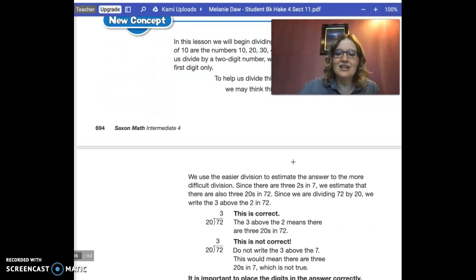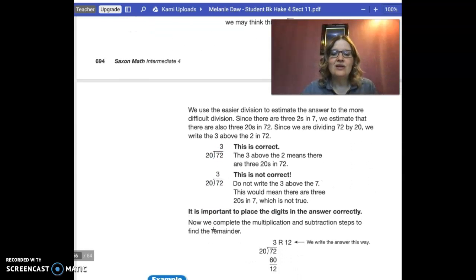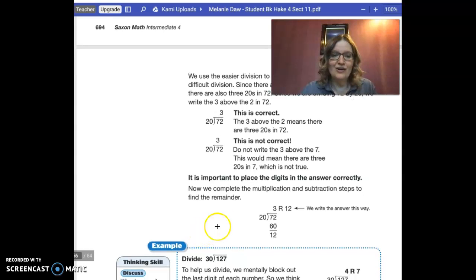We put our 3 right here over the 2, because we're not dealing with 2, we're dealing with 20. So here is how it shakes down. 3 multiplied by 20 is 60. We subtract, and our remainder is 12.